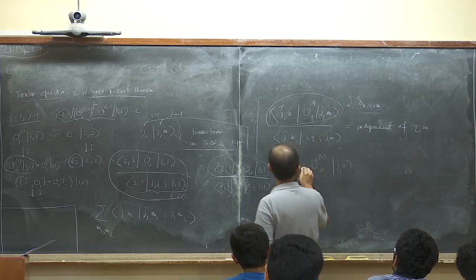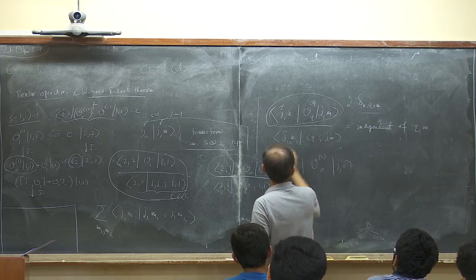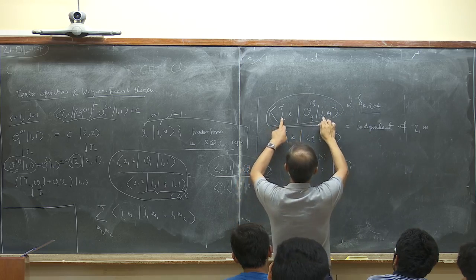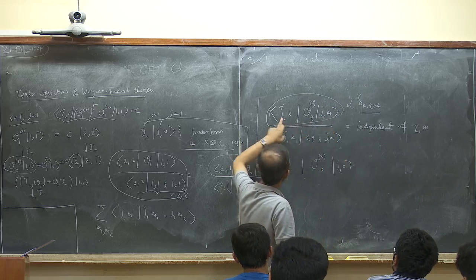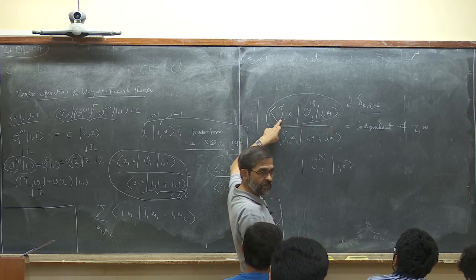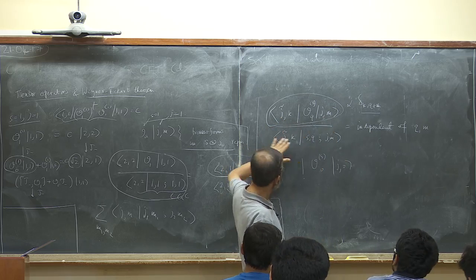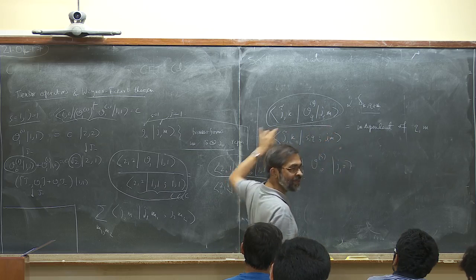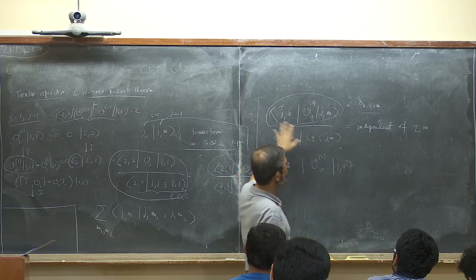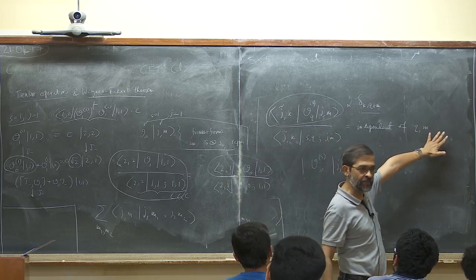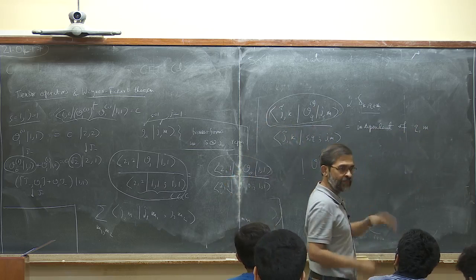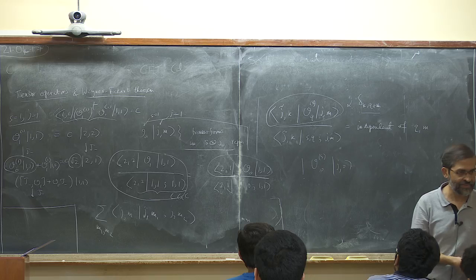One is assuming that this is being done for a particular J tilde. You have to take the same J tilde, and this combination has to remain the same. Then this is independent of Q and M. So all such numerators can be obtained from any one of these.